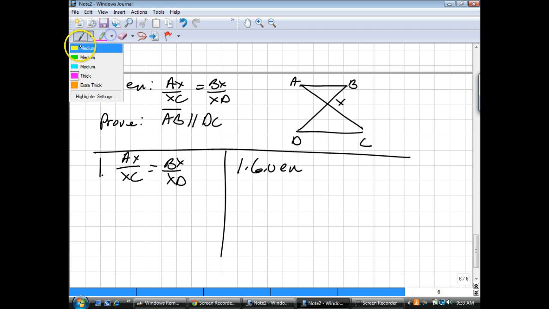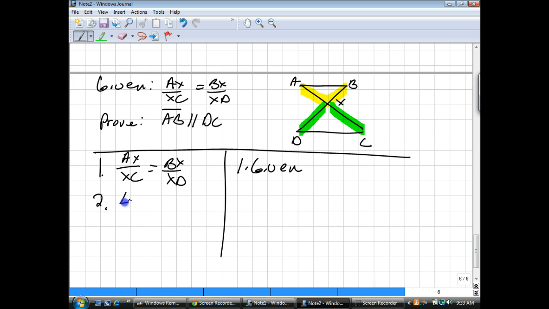So AX is to XC as BX is to XD. Okay, so we have two sides of one triangle in proportion to two sides of the other.